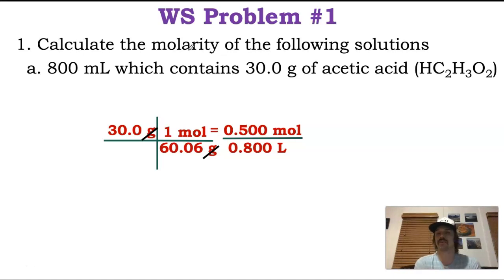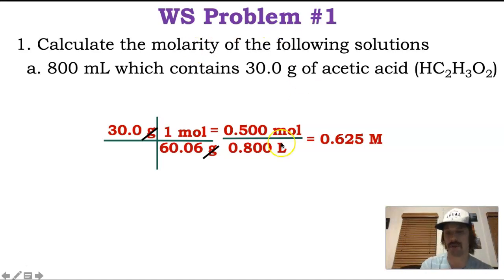So I divide the 0.5 moles by 0.8, and that gives me my molarity, 0.625. So in this first section, I'm taking my mass, turning to moles, and then dividing by my volume, remember, in liters, to get my molarity. And remember, I label that molarity with a capital M. Okay?